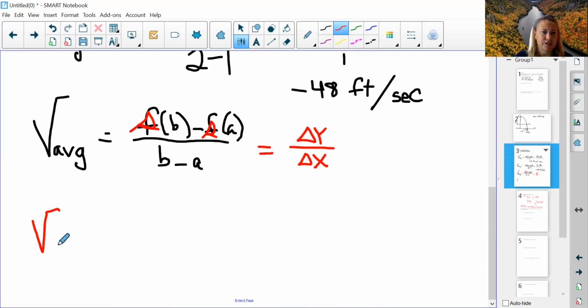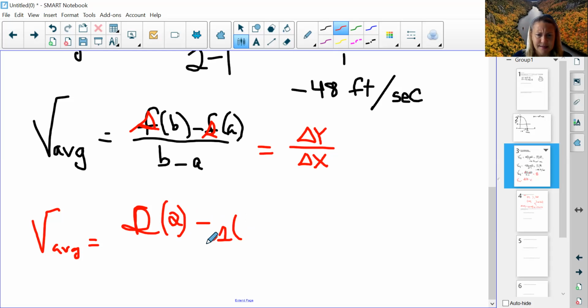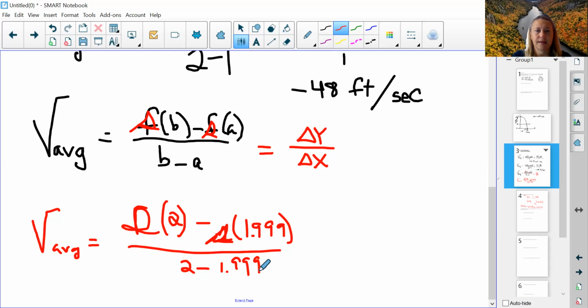I'm going to be finding the average velocity by plugging in S of 2 minus S of 1.9999, over 2 minus 1.9999.